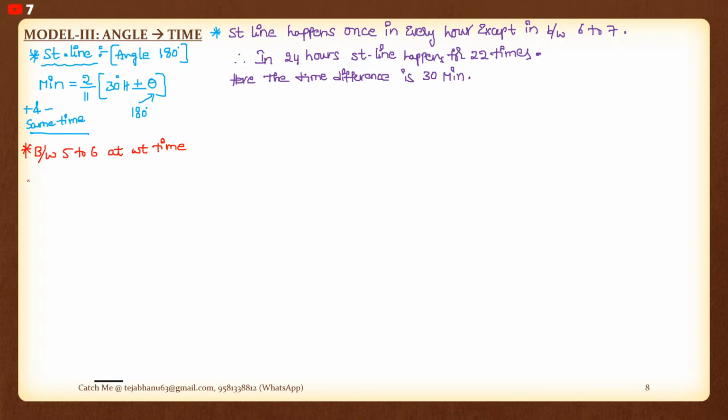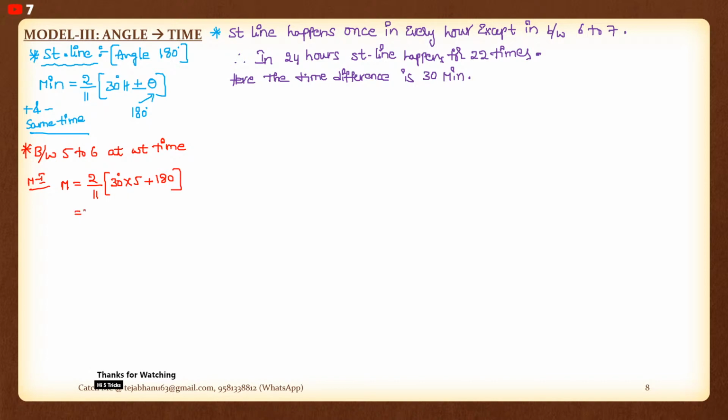Traditional method, I mean formula method, method 1. Minutes is equal to 2 by 11 into 30 degrees into 5, plus 180.